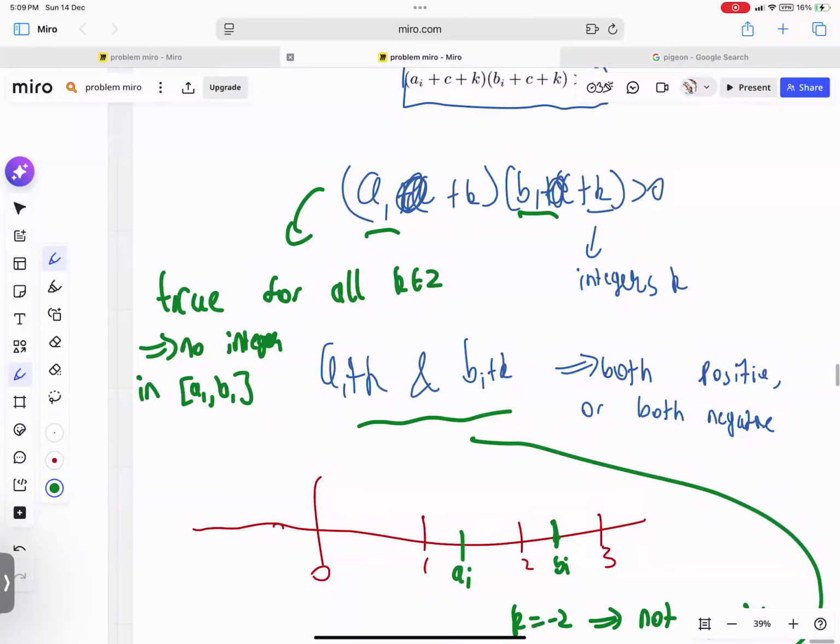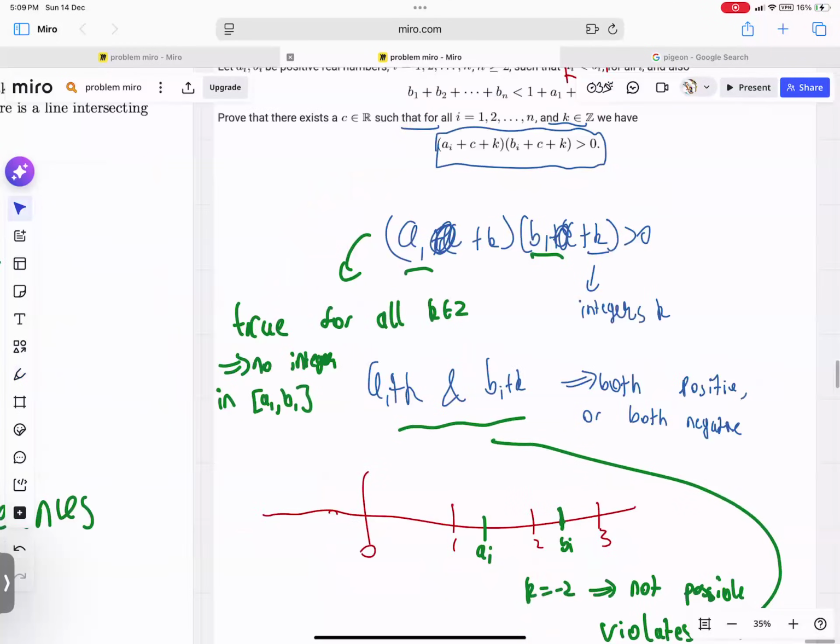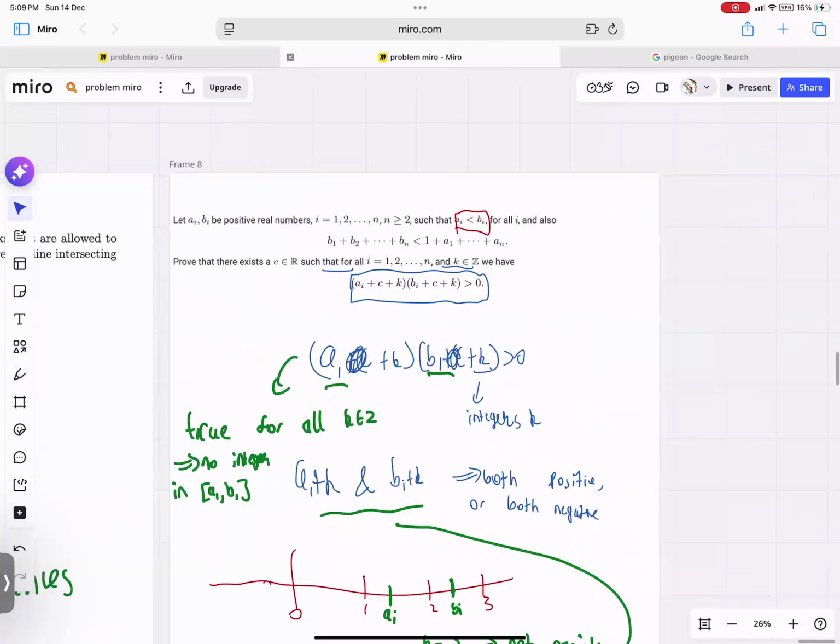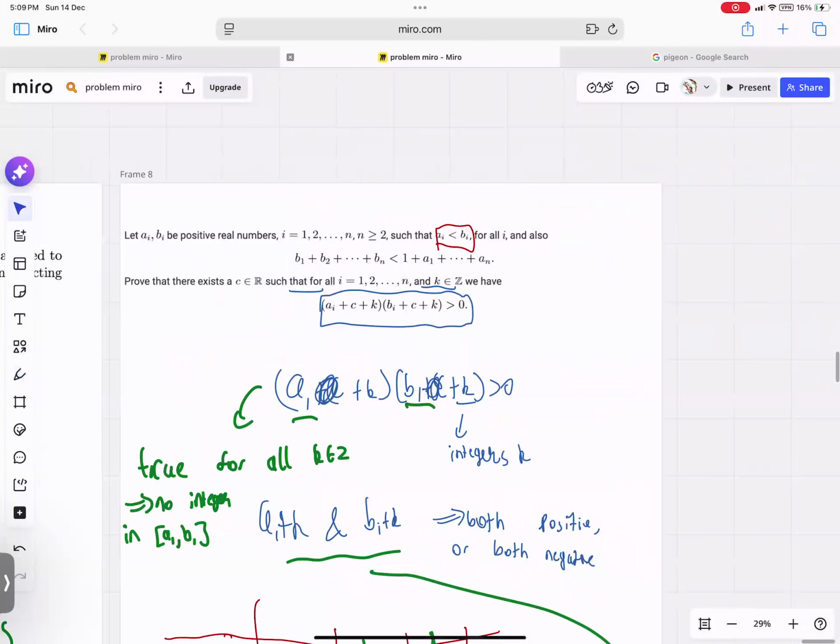Wait, but can you show the problem statement again? Yes. You read the problem statement carefully. It's very easy to misunderstand this one.